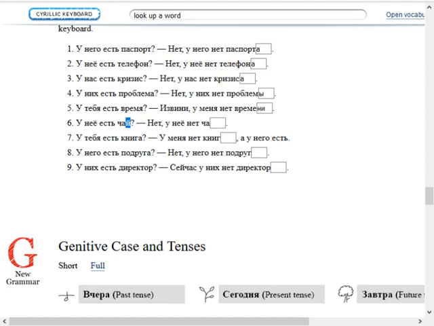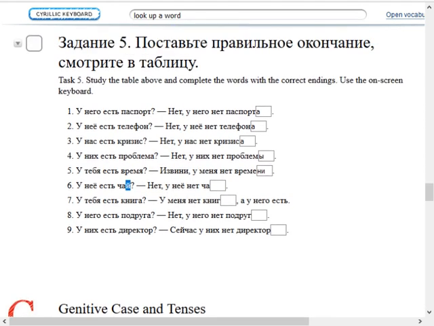I think I have the answers here from when I did this previously. Okay, it's чая. Нет, у него нет чая.